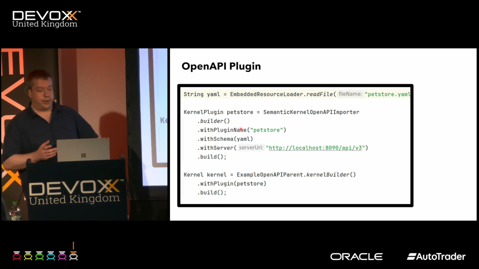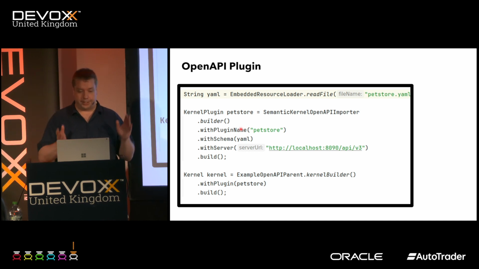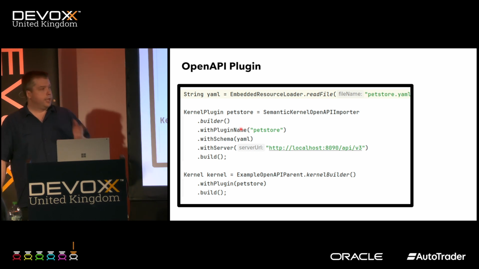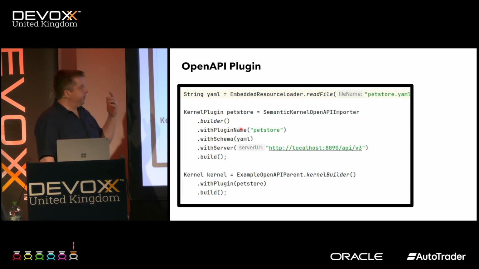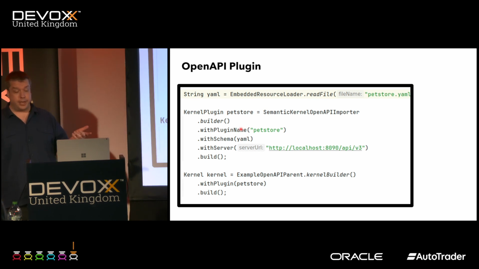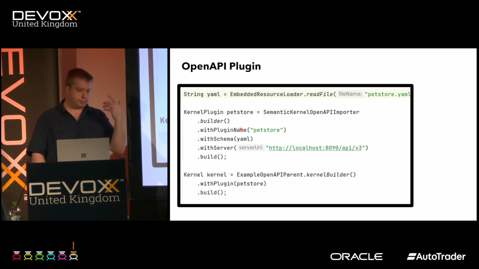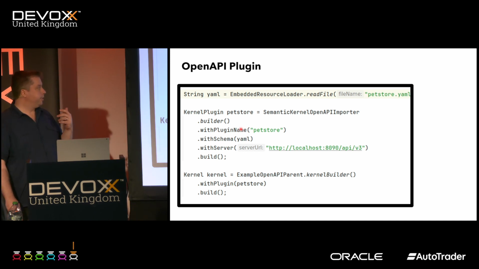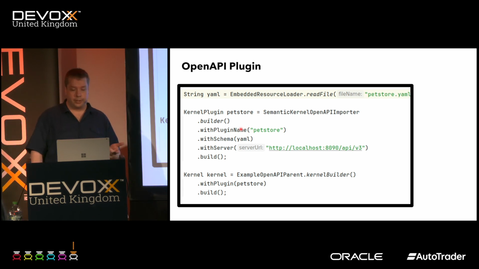So one thing we have available is the OpenAPI plugin parser. If you can get an OpenAPI definition of your API, it can parse that and turn those into functions that can then be called.